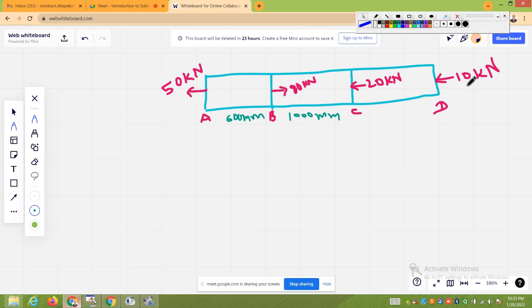And the length of this section CD is 1200 mm. Now, first of all, in such types of numericals, we should split these three parts into separate ones, and we shall draw the free body diagram for each section.